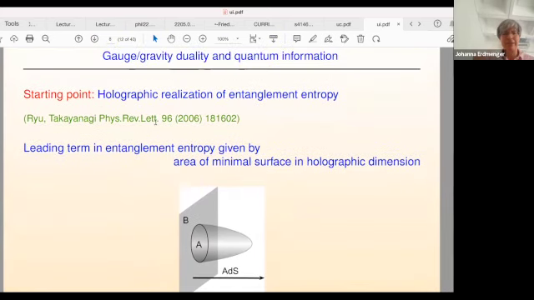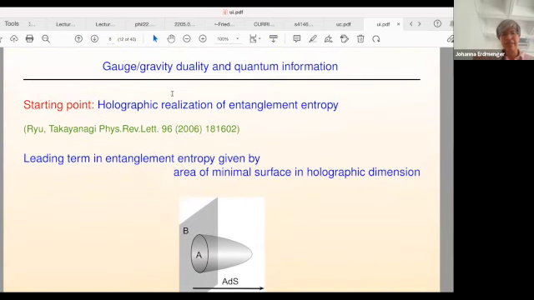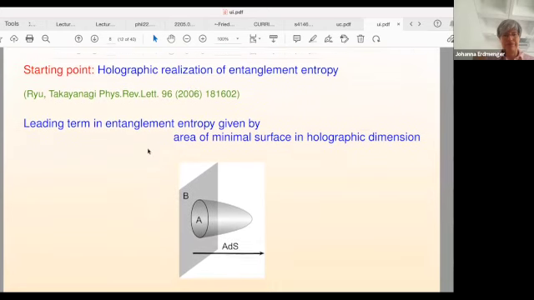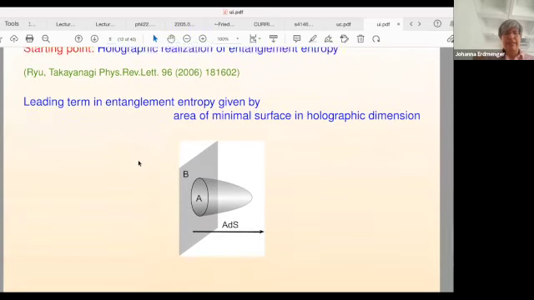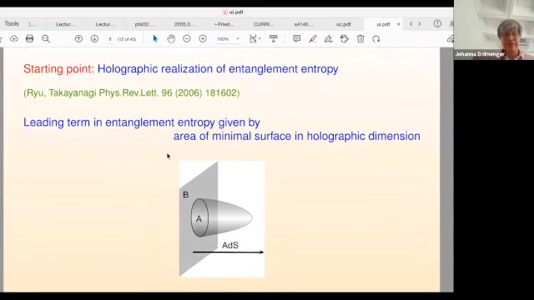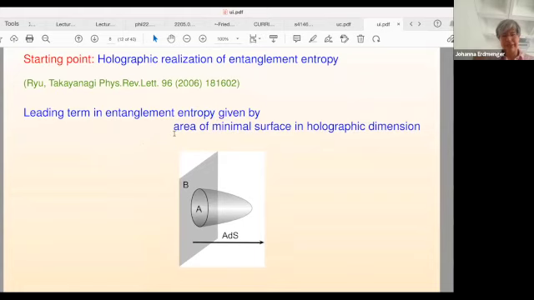So the starting point of looking at quantum information concepts in gauge gravity duality is this holographic realization of entanglement entropy, which was proposed first in this paper. The proposal made here, which, because AdS/CFT is a conjecture, is also a conjecture, is that the leading term in the entanglement entropy in the dual theory is given by the area of a minimal surface in the holographic dimension.